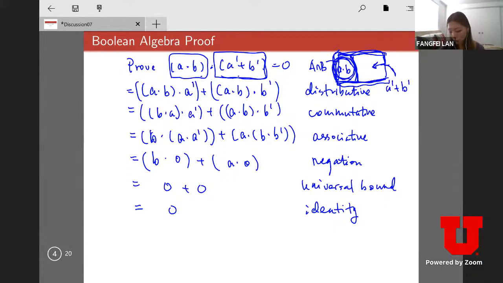So if we show that they don't have an intersection and the union of them is the universal set, that shows that these two partition the universal set. And that gives us exactly that the complement of the left is the right. That's exactly what De Morgan's law says.